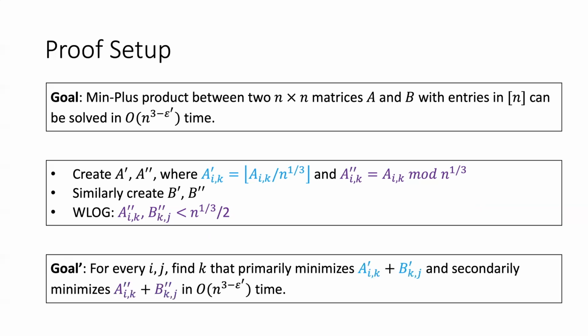So now, using these newly created matrices, we can rephrase our goal as the following. For every ij, we need to find k that primarily minimizes A prime_ik plus B prime_kj. And if there are ties, we have to secondarily minimize A double prime_ik plus B double prime_kj. And we have to do this in truly subcubic time.